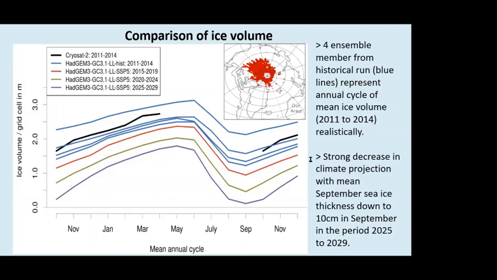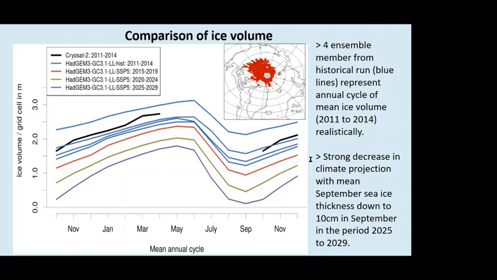The period on this figure is the mean from 2011 to 2014, which are the last 4 years of the historical simulation. I compare the observations here in black for the mean ice thickness over this red area in the central Arctic. And in blue, you see 4 members from the low resolution HM3 simulation, the 4 blue lines, and you can actually see that this is, for a climate model, pretty perfect.